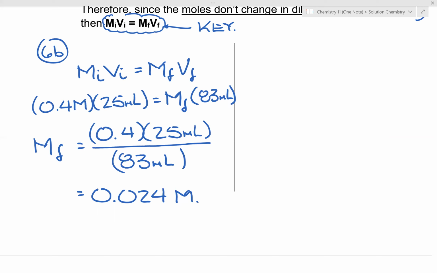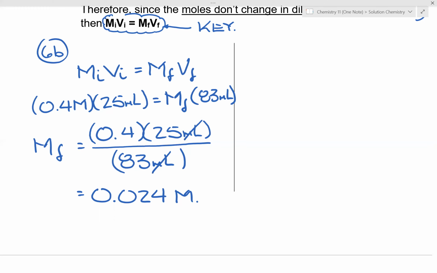Do we need to change to liters? And the answer is no. The reason being is because in this particular case, the milliliters cancel out, so you can keep the same units in milliliters. Now, if you're saying, hey, I want to change it to liters, by all means, not a problem.